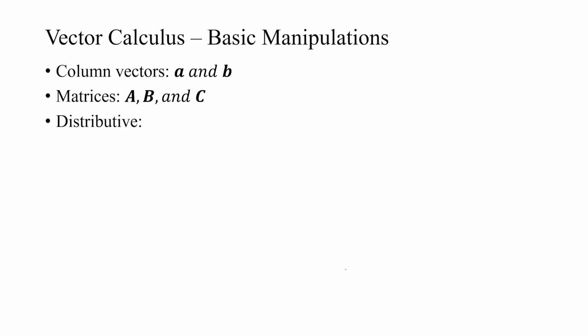The second thing we need to mention is the distributive property, which means that when we have three matrices, (A plus B) times C will be equal to A times C plus B times C. This means that multiplication of matrices is distributive.